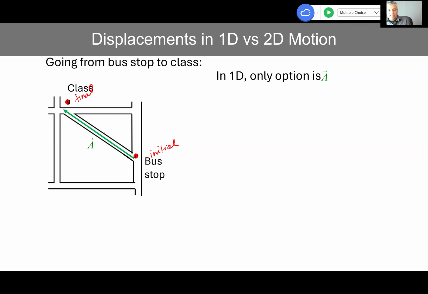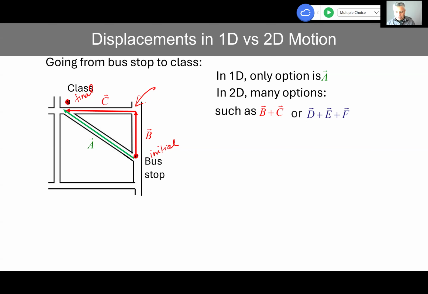Now let's suppose you wanted to grab a candy and there is a vending machine somewhere here, okay? You first go there, B, and then C. So you went there first, got some candy from the vending machine, and then got to the classroom, okay?